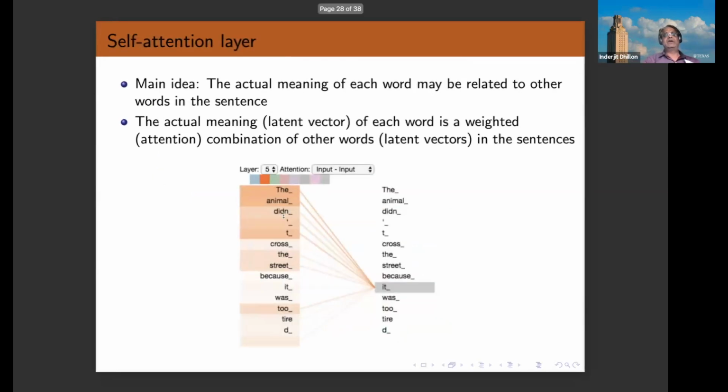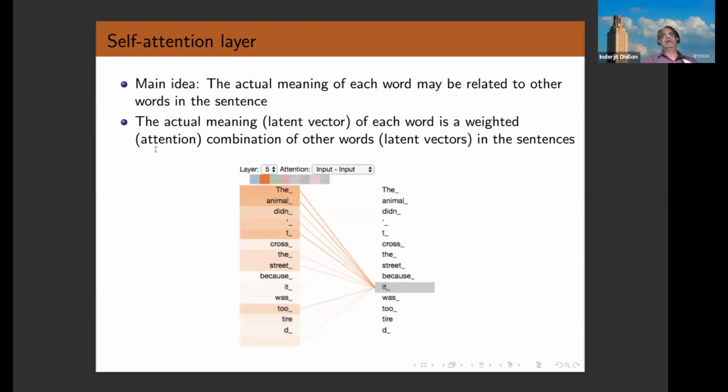Okay, so now let's see how self-attention works. The main idea in self-attention is that the actual meaning of each word may be related to other words in the sentence.